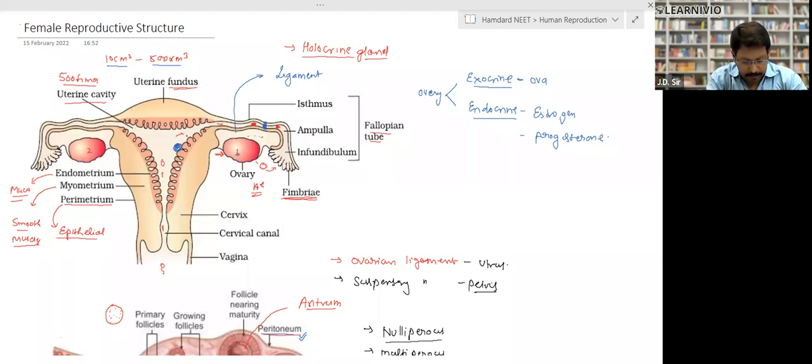It is a large, highly elastic structure. Full stop. It varies in size. Full stop.